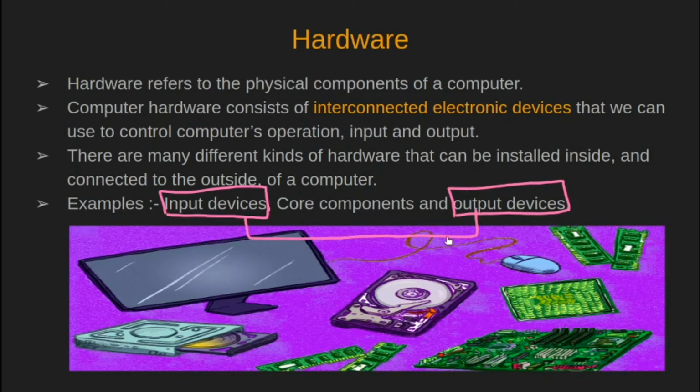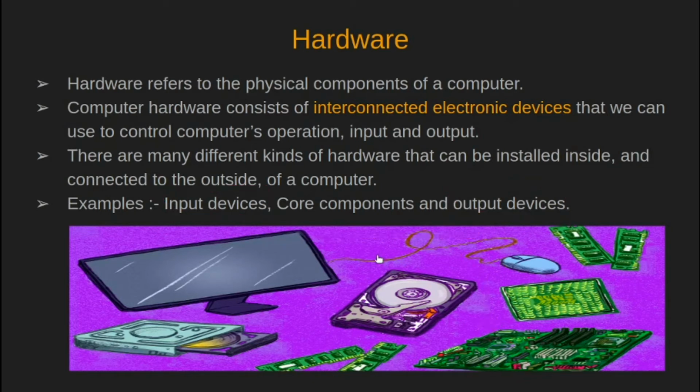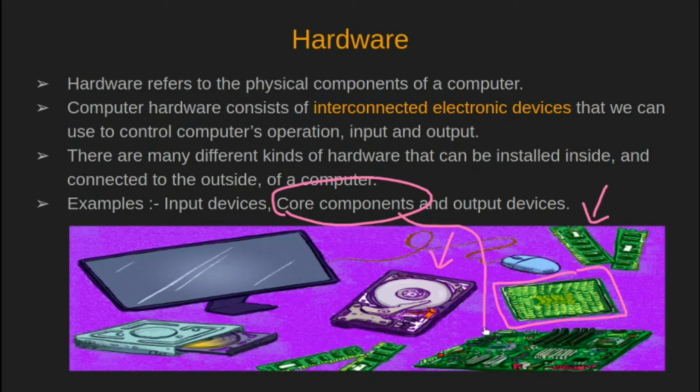And when we say connected to the outside of a computer, it generally means connected via a port to the motherboard. And the core components like the CPU, the RAM, the storage drive are installed inside this motherboard.